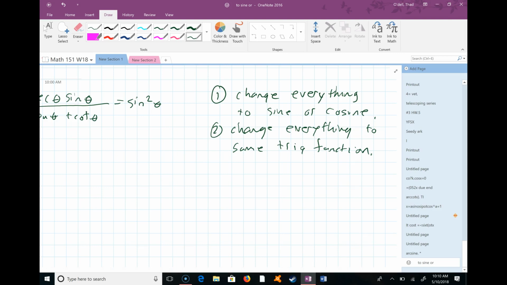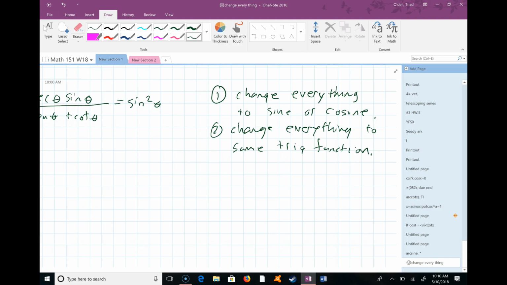If I'm working with tangent, secant, cosine, and cotangent, then there's just a bunch of stuff that I won't be able to see whether they cancel or not. Okay? So even though I put them in different orders, I put the one as number one because that's the one you use most often. But really, if you can do number two, that's better. Right? If I can change everything to one trig function, then that's going to work nicely. If I can't, then I'll change everything to sine or cosine.